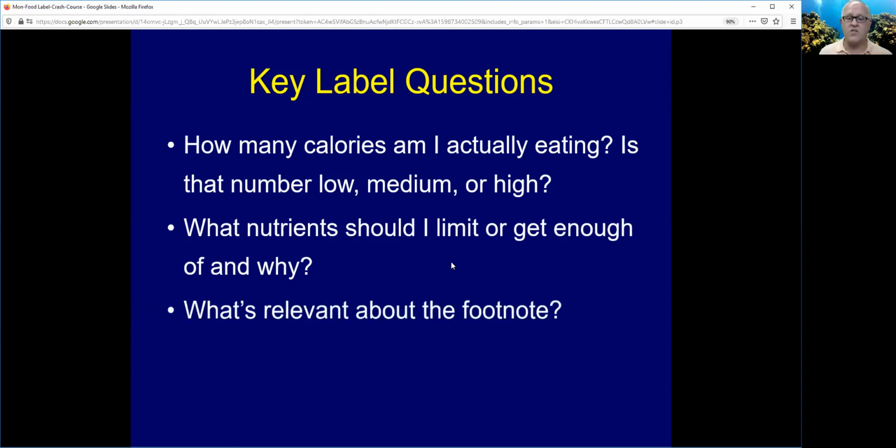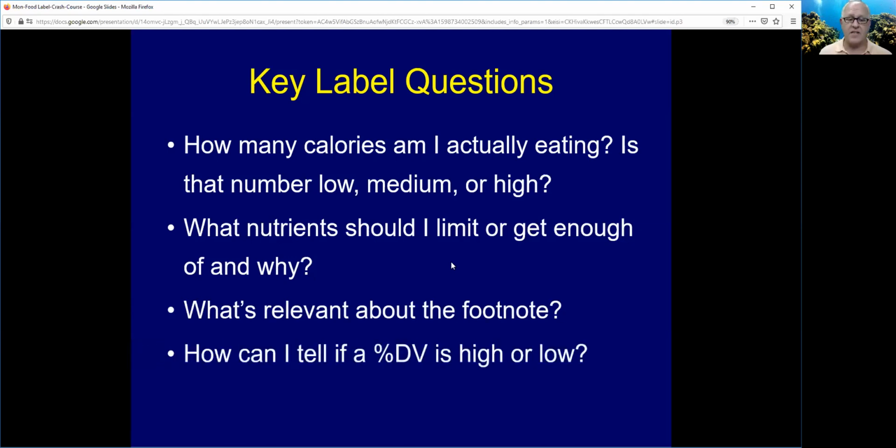And then what's relevant about the footnote in that particular food label? And how can I tell if a percentage of daily value for nutritional purposes is high or low? And the most important one is, which nutrients have no percent of daily value?